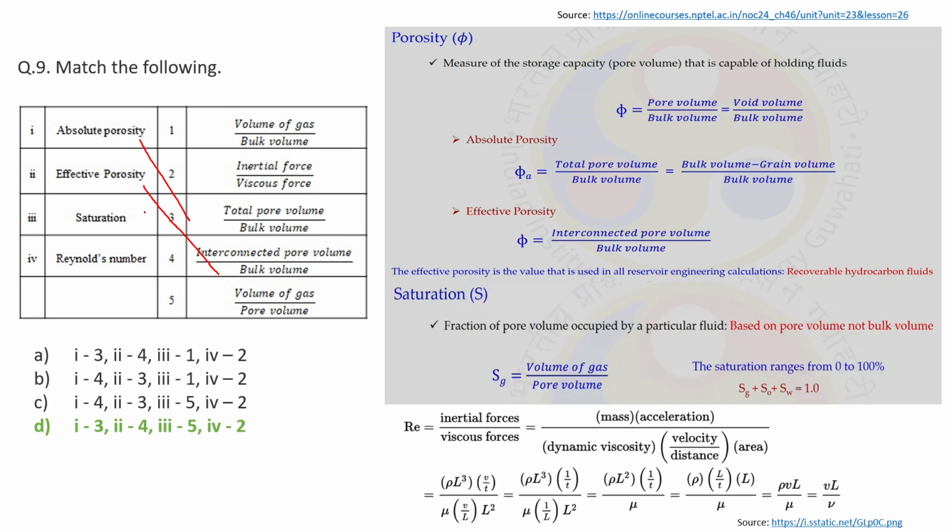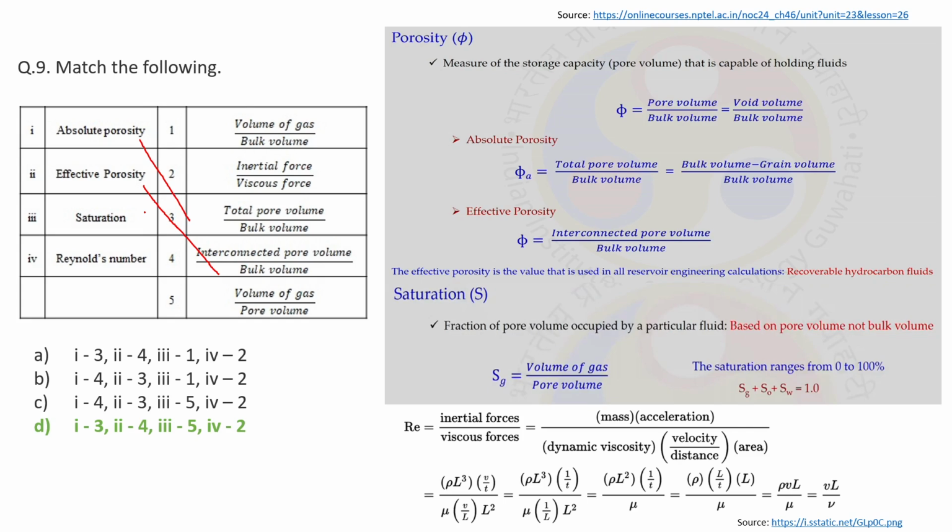Now saturation. Saturation is the fraction of pore volume occupied by a particular fluid, based on pore volume and not by bulk volume. So saturation talks about if there is a pore and it is filled with a fluid, then how much it is filled will define how saturated that pore is. That is equated by volume of the gas divided by the pore volume.